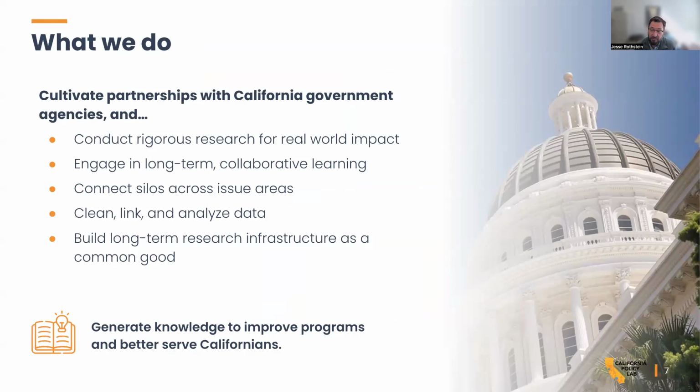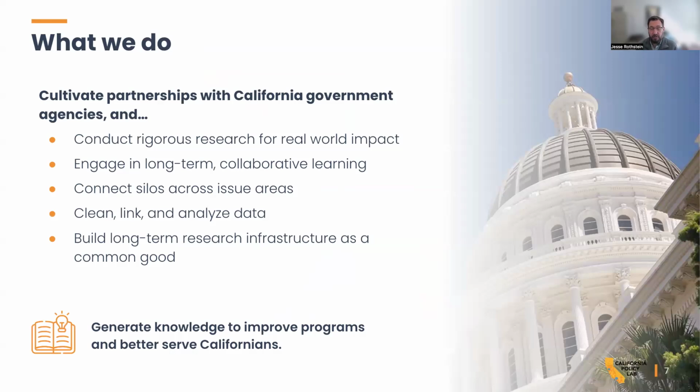When we develop those partnerships, we work with the agencies to develop research agendas, and we conduct the research, and we work closely with them to make sure all along the way that the work we do is useful to them. That involves ongoing back and forth, a lot of work that will never make it into an academic paper, but that we think is useful for the agencies and helps to build expertise within the agency and make sure that the work we're doing does help them.